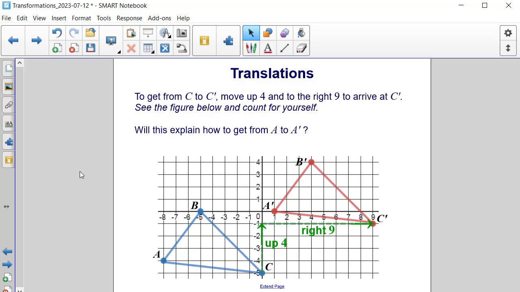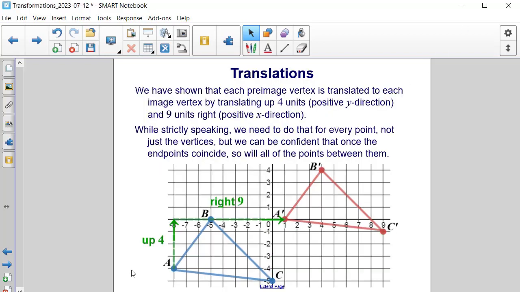It actually does. To get from point C to point C prime, we again move up 4 units, and to the right 9 units. Will this also explain how to get from point A to point A prime? Just as in the last slide, if we count up 4 units and to the right 9 units, we do indeed get from point A to point A prime.